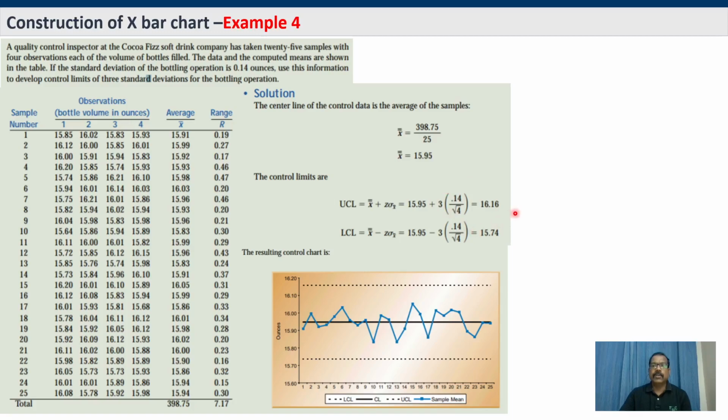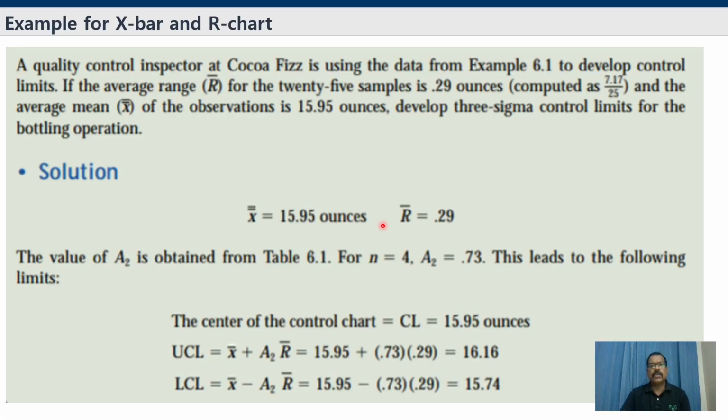If you calculate, you can get the upper control limit and lower control limit. In another way, they also calculated X double bar and R bar with the A2 value. Similarly for R bar, they can calculate with D3 and D4. I added this just for better understanding, so you can calculate some values.